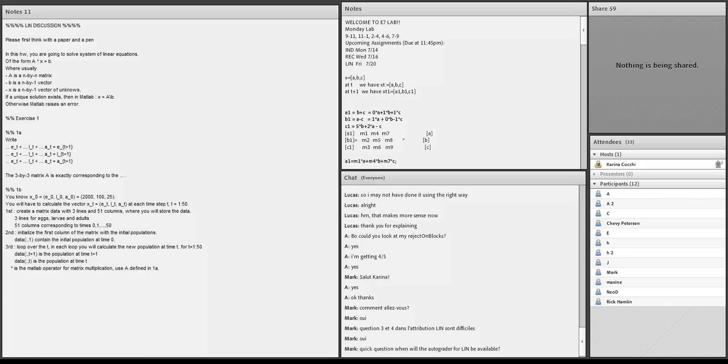And then once you fill the array, you can easily compute the total population. So the total population is basically the sum over the columns. So you sum the number of individuals in each column, and this will give you the size of the population for every time t.